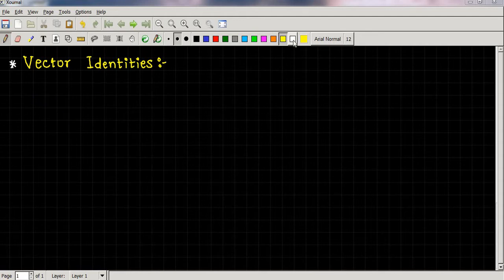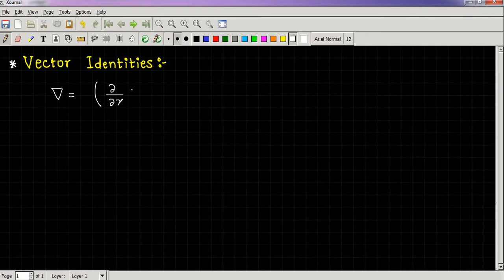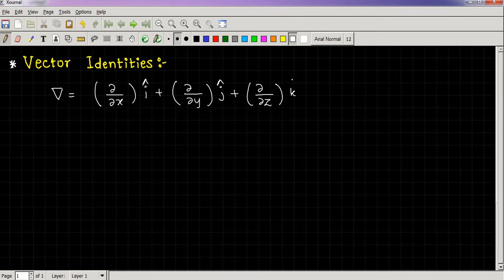Let's recall. Vector differentiation operator del is a vector quantity which takes partial derivative with respect to x along x-axis, partial derivative with respect to y along y-axis, and partial derivative with respect to z along z-axis. If we operate this vector differentiation operator on a scalar function phi, then we call it as gradient.